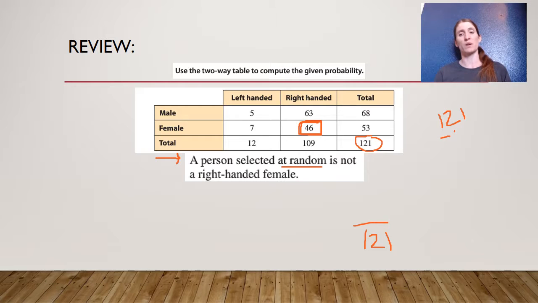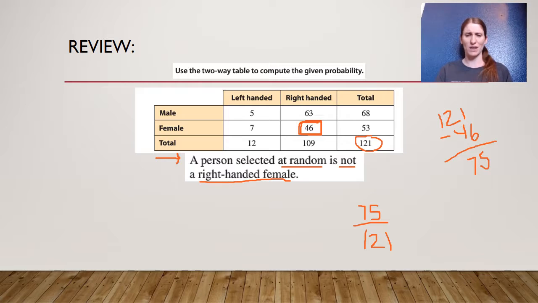So 121 minus 46 would be 75, I believe. Make sure I did my math right. Yep, so 75 people are not a right-handed female.